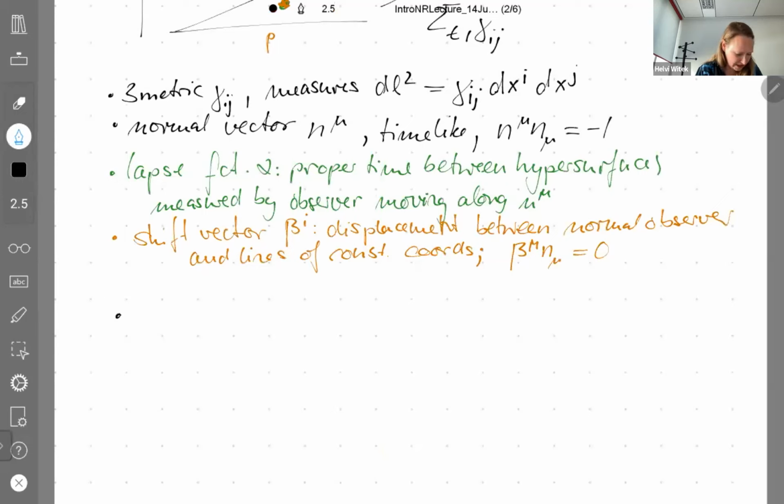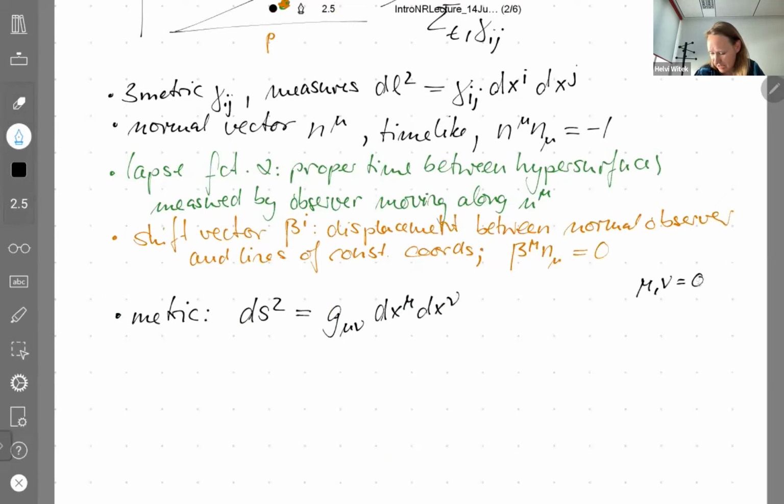So we can now write the metric in the following form. If I have my four-dimensional line element ds^2 = g_mu nu dx^mu dx^nu, where mu and nu are space-time indices, so they are running from 0 to 3.